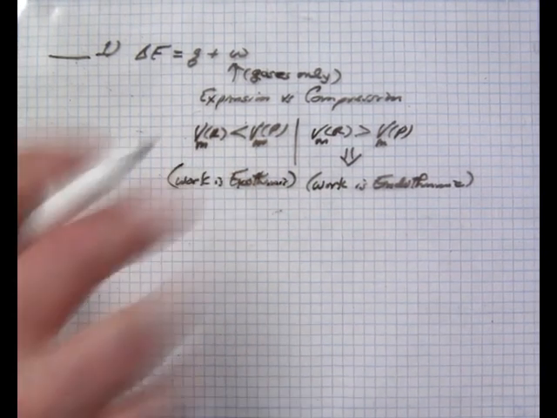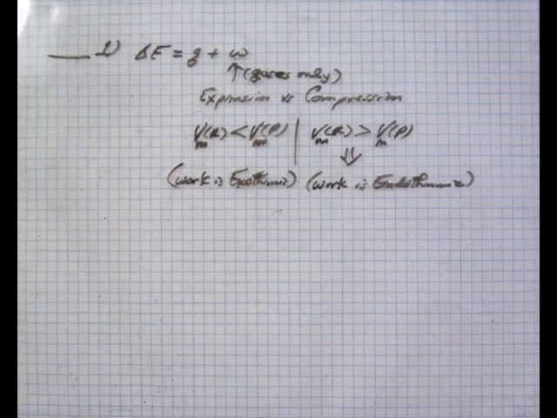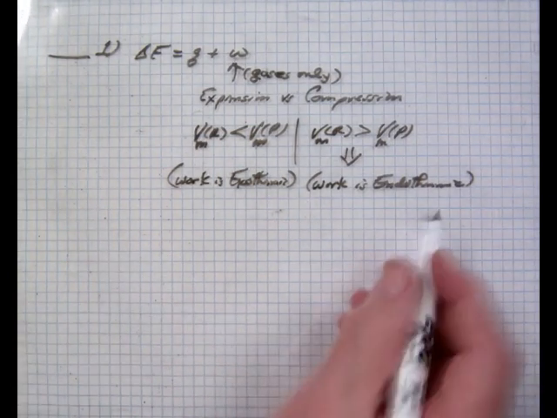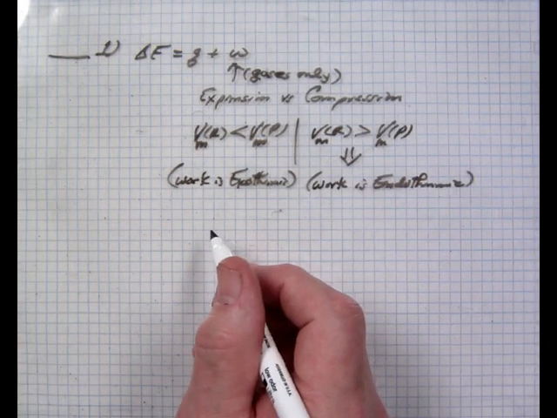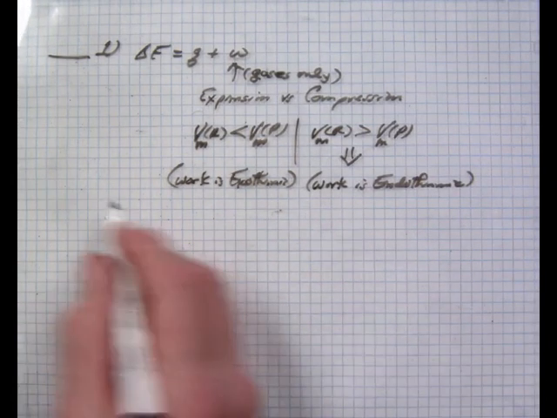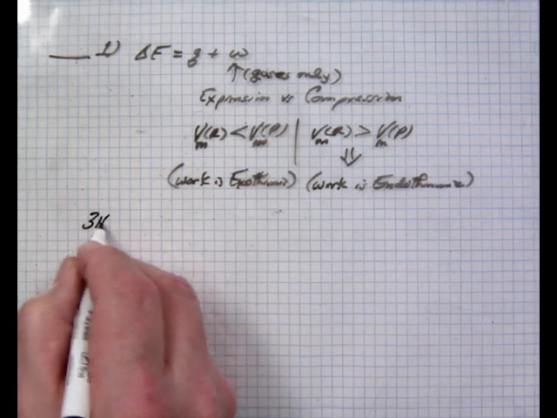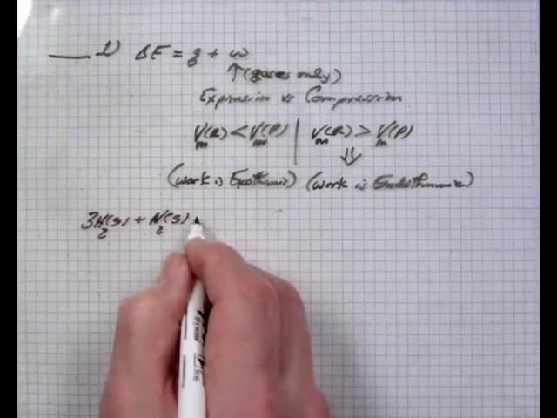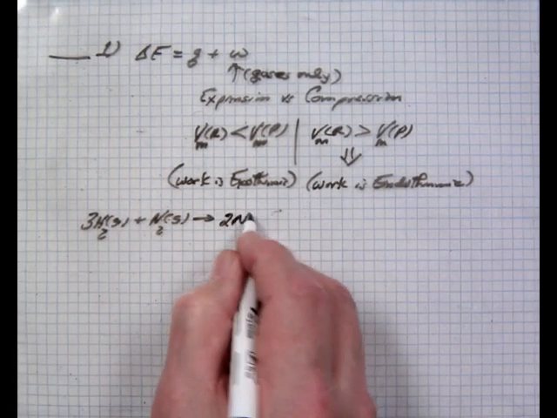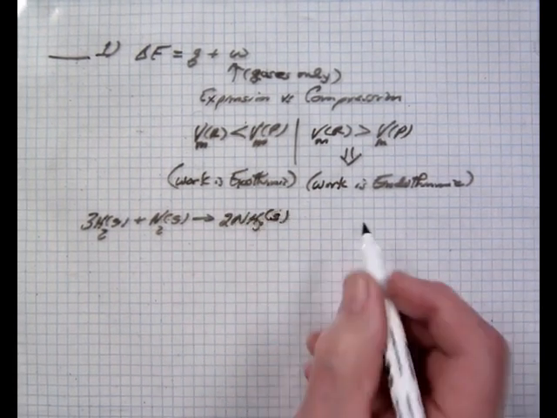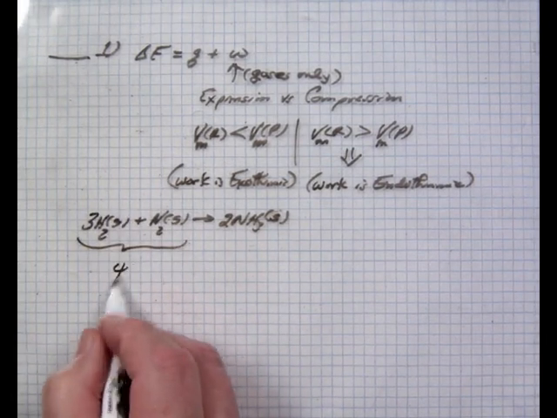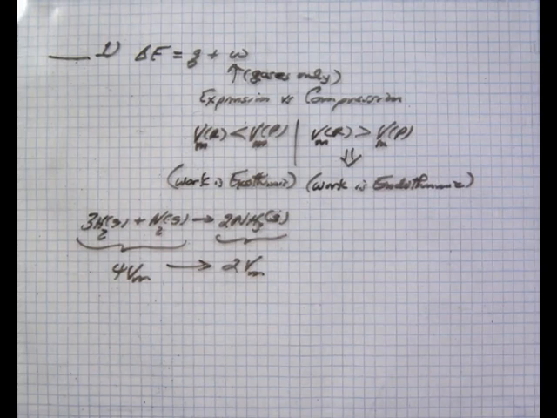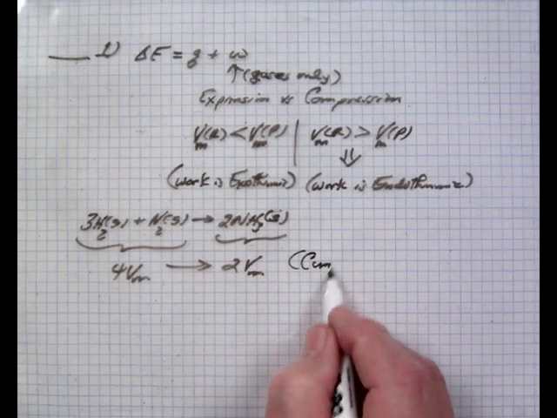Very important idea and concept here in the entire course of thermodynamics if you get into it. Okay, so looking at the endothermic case, I usually use 3H2 as a gas plus N2 as a gas goes to 2NH3 as a gas. Here we have 4 molar volumes going to 2 molar volumes, so it's a decrease in volume, so that's a compression.